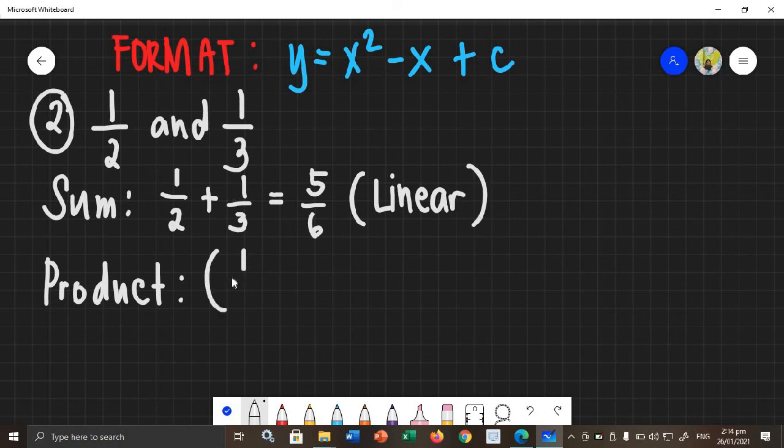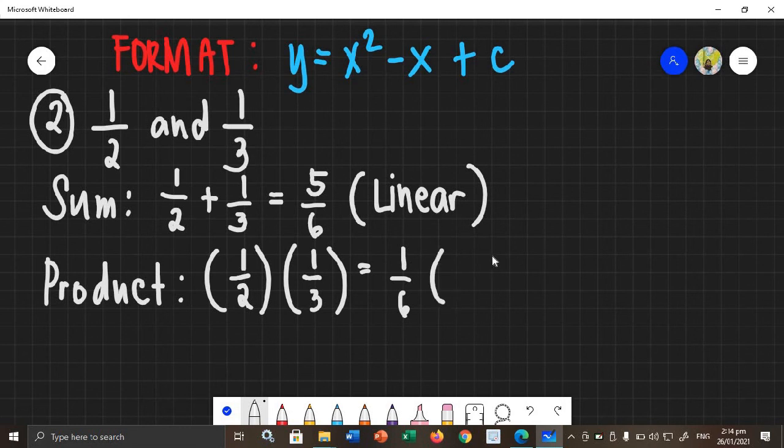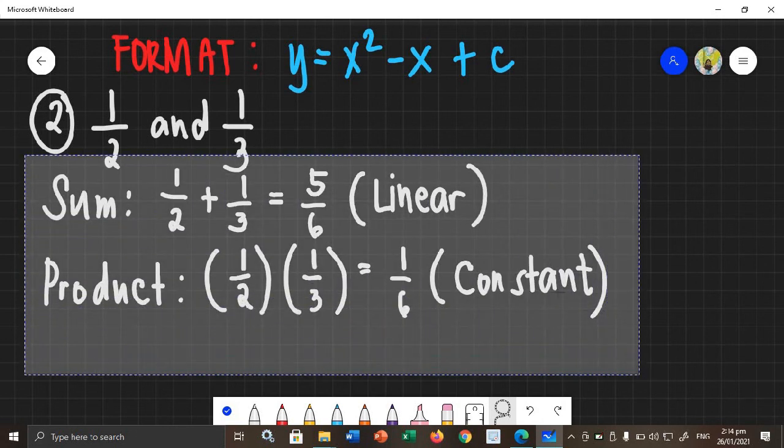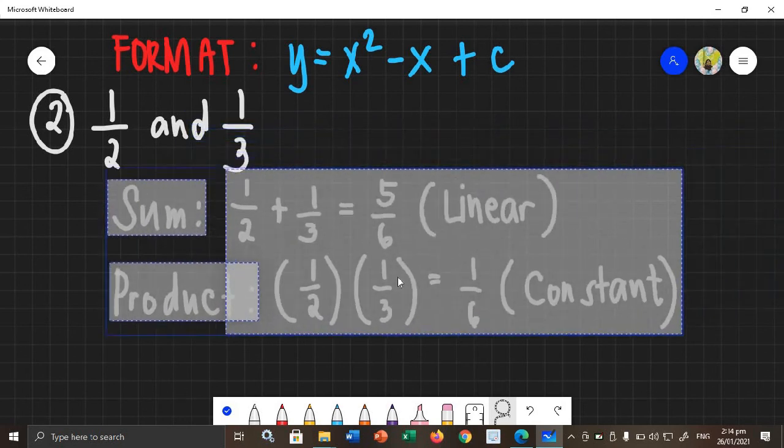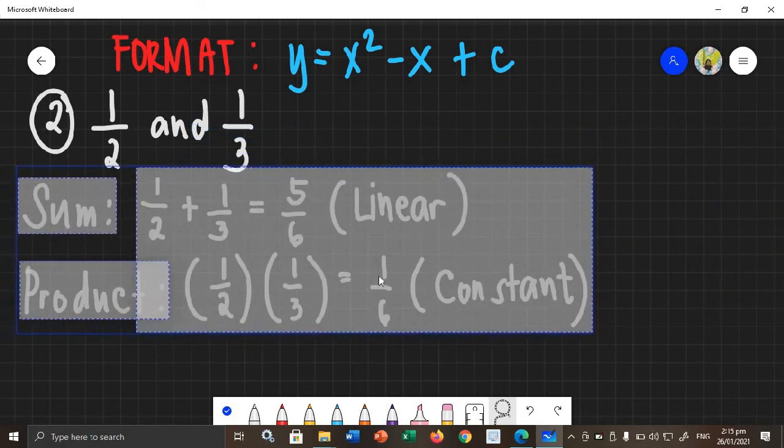And then yung product ni 1/2 and 1/3 is equal to 1/6. Okay? This will be your constant term. So, okay na tayo. Na-solve na natin yung sum and product.